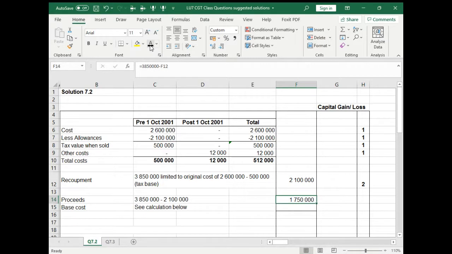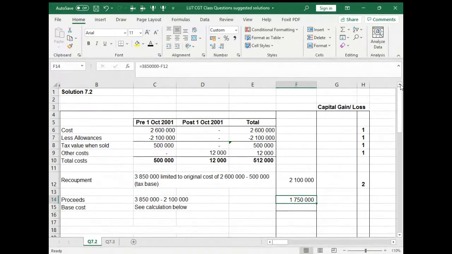Okay, now the base cost, we will have to go calculate. Now, this will be based on the valuation date method, which says we have to look at, is the proceeds more than the original cost, or is it less? Now, in this case, we know the proceeds are more than the original cost.